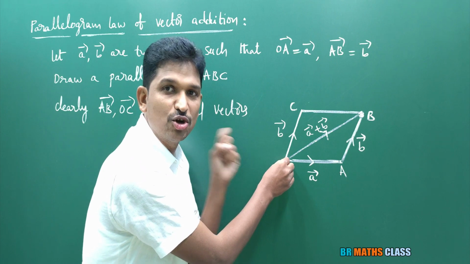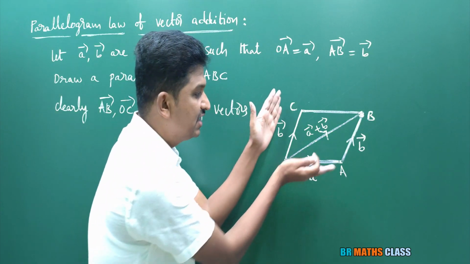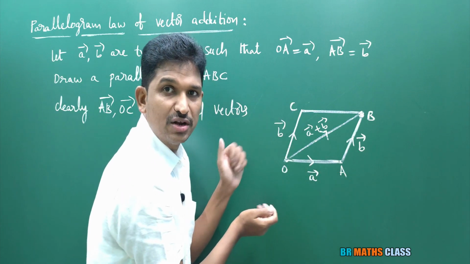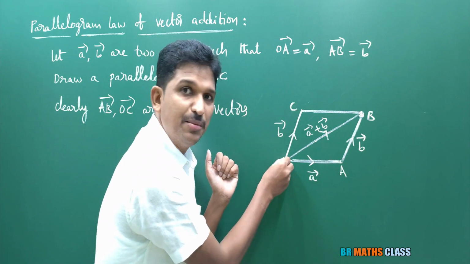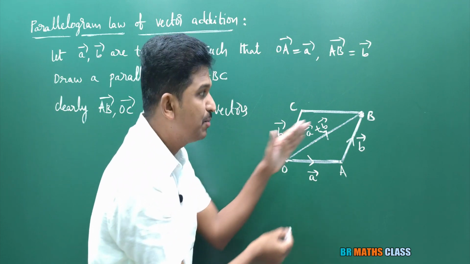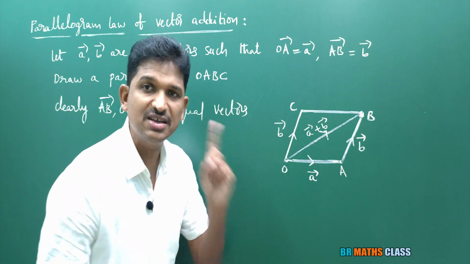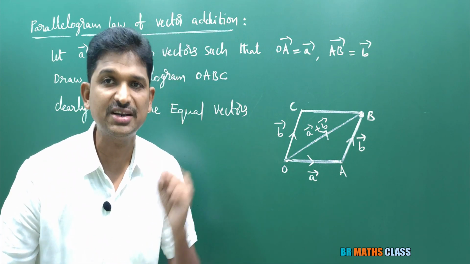This is parallelogram law of vector addition. You need to catch this point. Listen carefully: when we add these two, A bar plus B bar is the diagonal of that parallelogram with the same initial point. This is known as parallelogram law of vector addition.